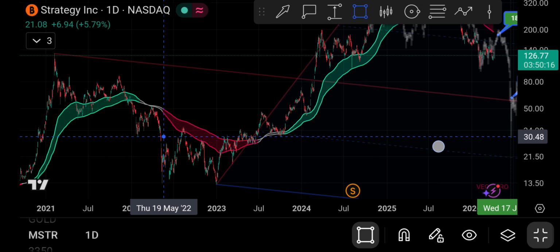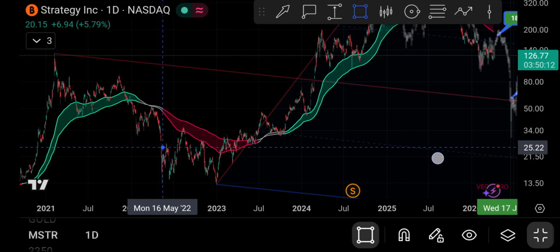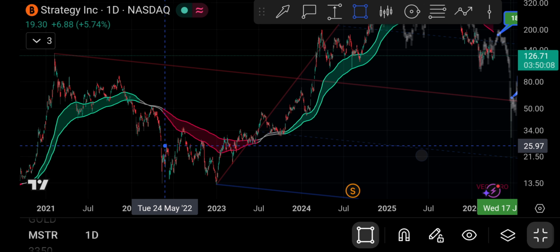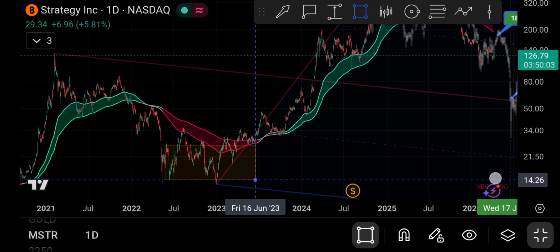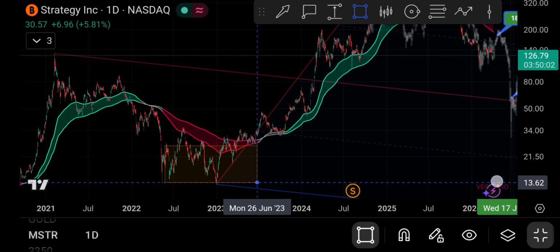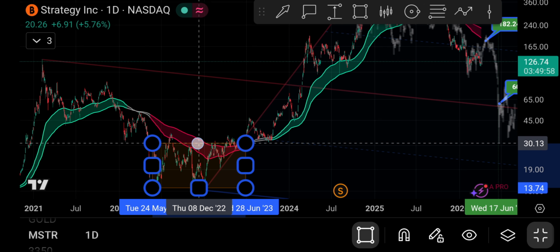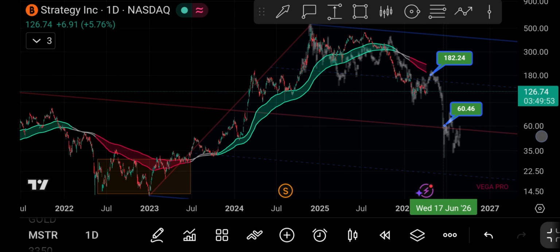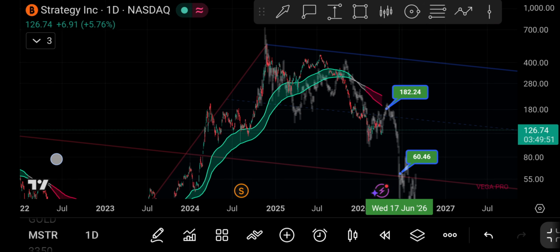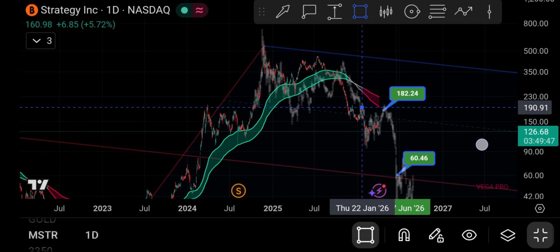If I draw from where the matrix line on the previous cycle started turning red, which is about right here, and draw it till it ends, which is here, that gives us a good accumulation zone for MicroStrategy. So I will do that also in here.